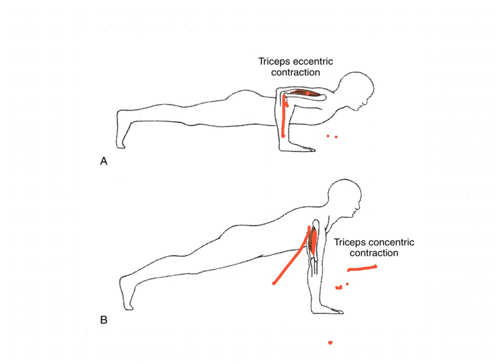And in a closed kinematic chain, the triceps has eccentric contraction when the elbow is flexed, and concentric contraction when the elbow is extended here.